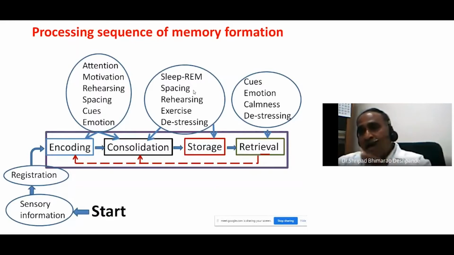Some remember fast, some slower, but both are equally good in storing the information. So you need to have a space or a time in between. Then again, maybe tomorrow, if you rehearse, it becomes consolidated very strongly. So this consolidation becomes stable.